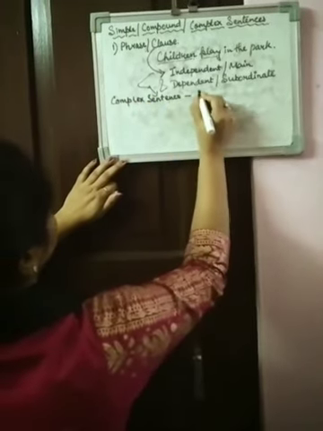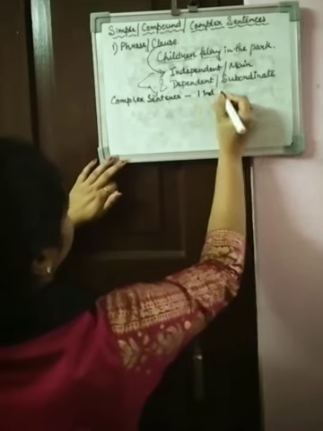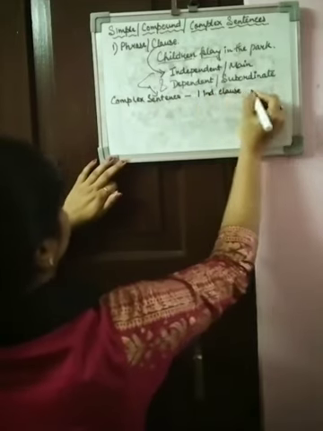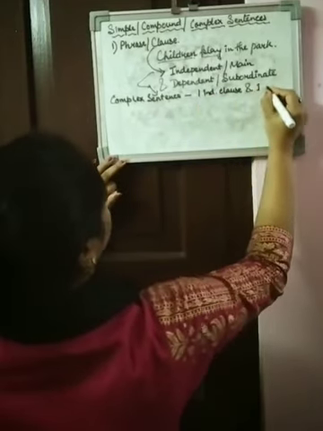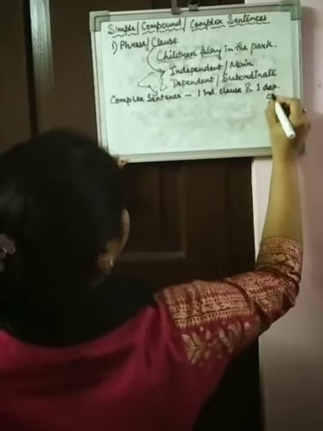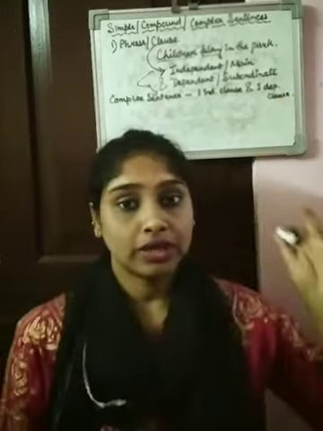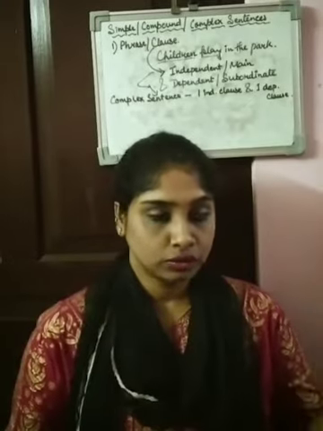A complex sentence has one independent clause and one dependent clause. Just now I gave one example, no? Tara ate a cheese roll after she watched the news.